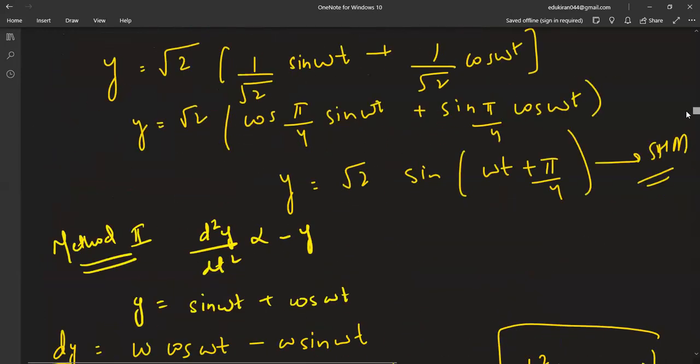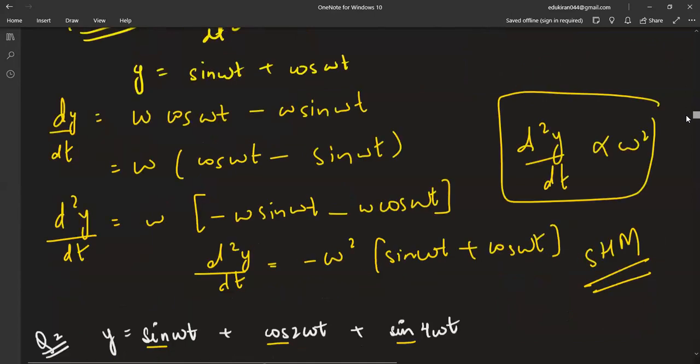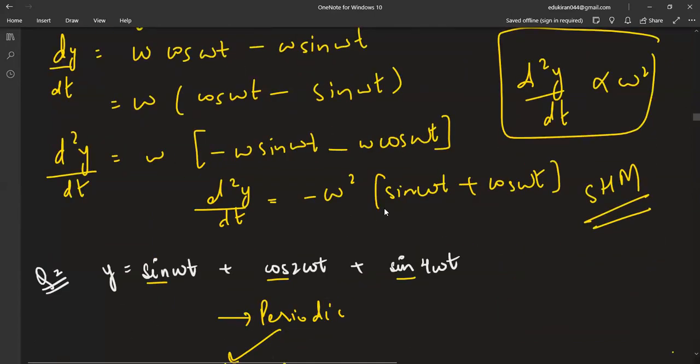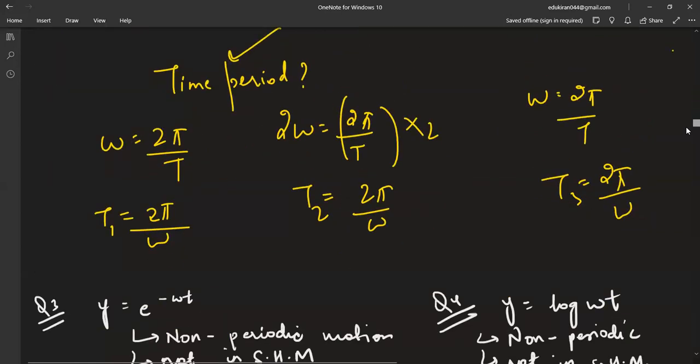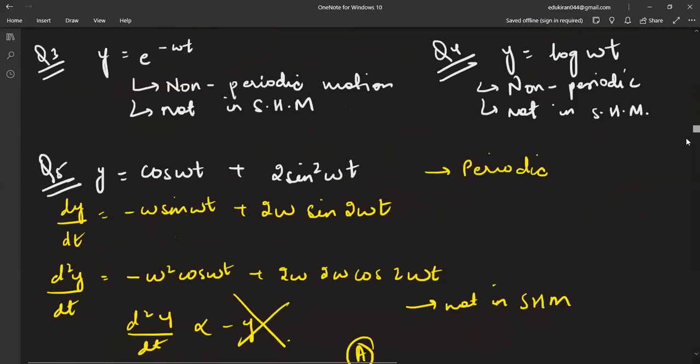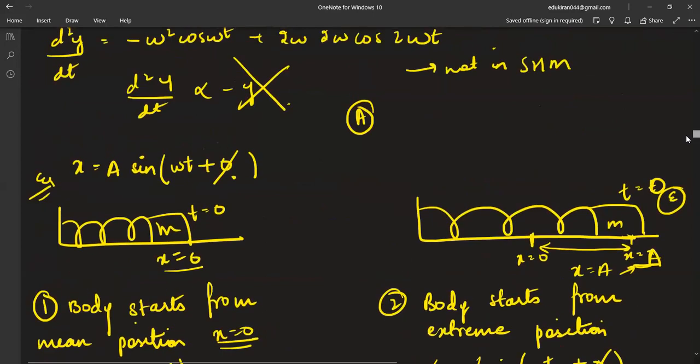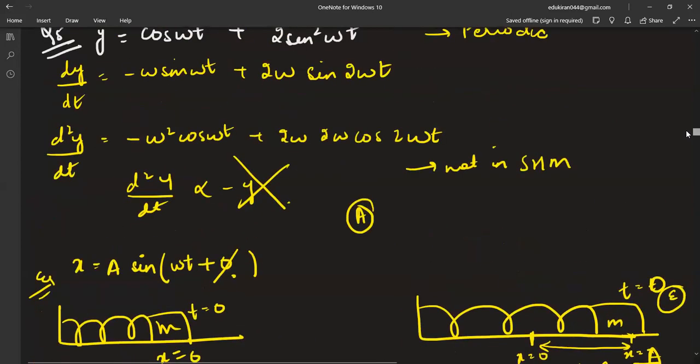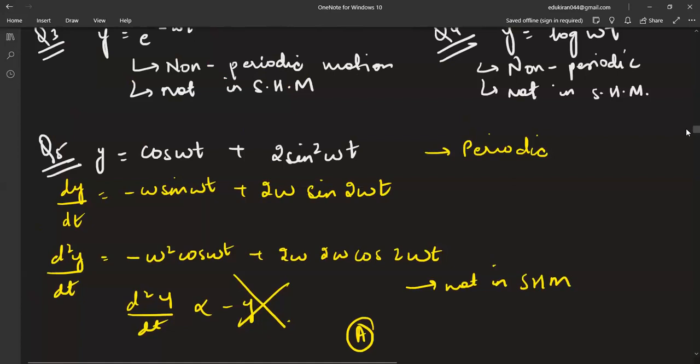Cos omega t plus 2 sin square omega t. This one? No, ma'am, after that. Yeah, this cos omega t one. So here this equation is not being satisfied.